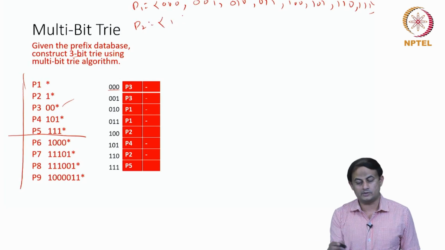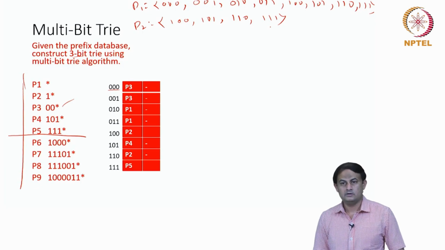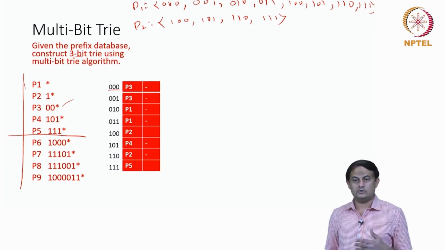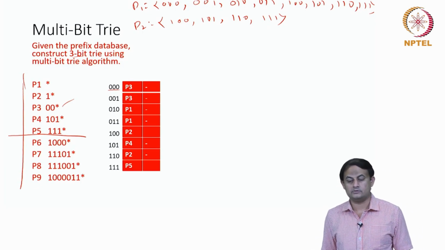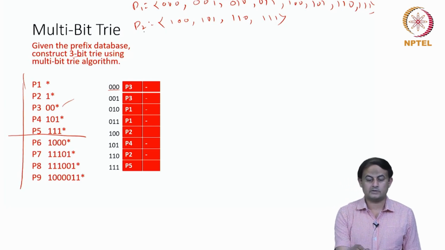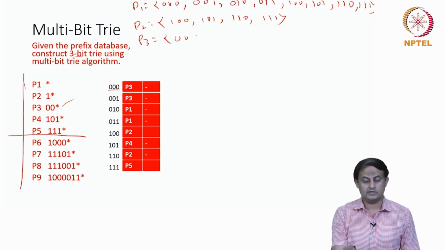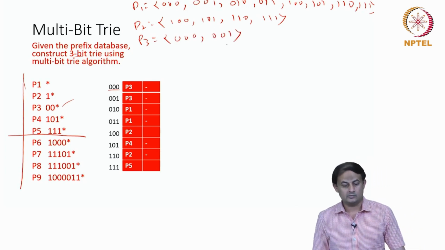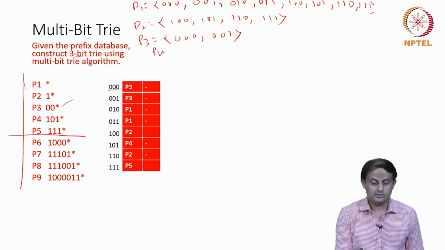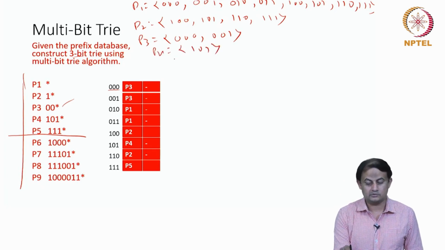The other 2 bits are variable, so they can be 00, 01, 10 or 11. These 4 prefixes, 100 up to 111, are matched with P2. P3 will match 00, and the next bit can be either 0 or 1, so these 2 are matched with P3. And P4 is 101.